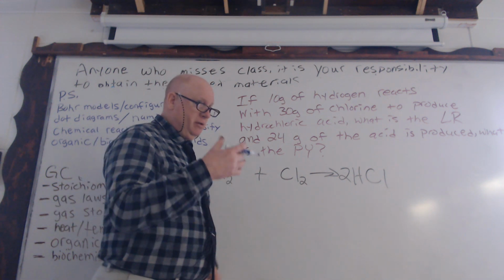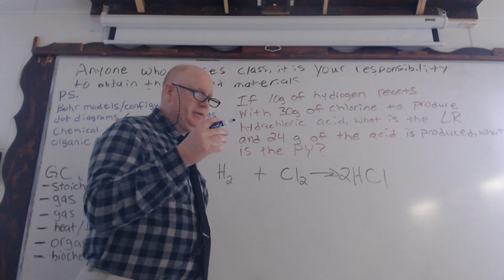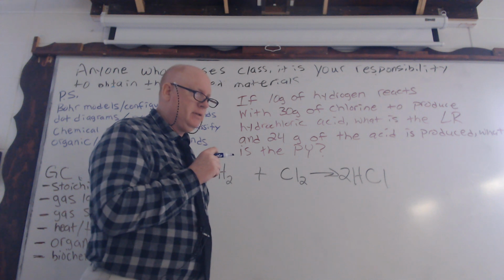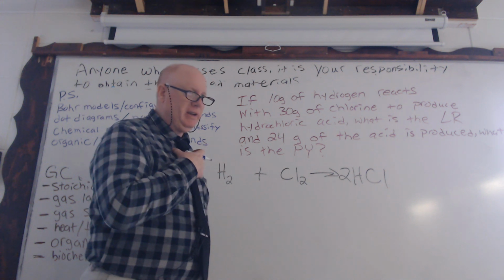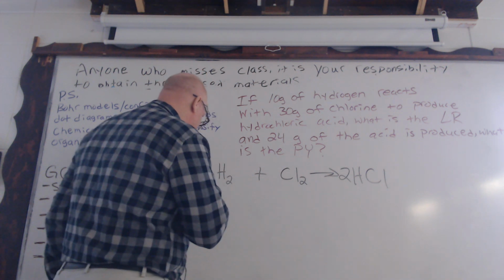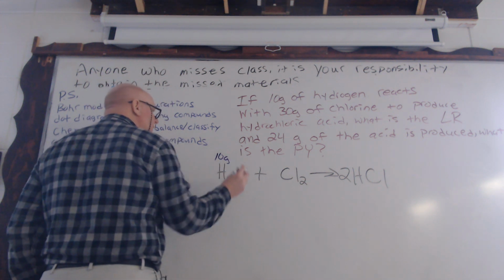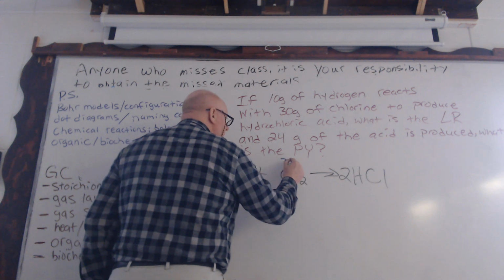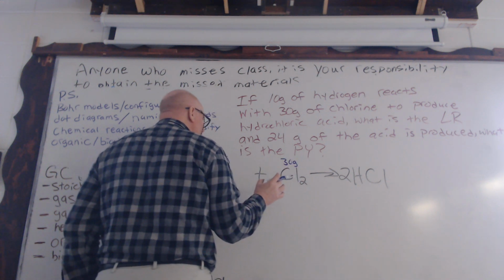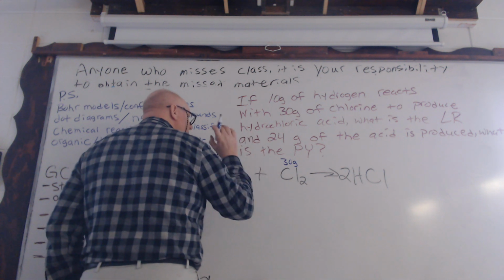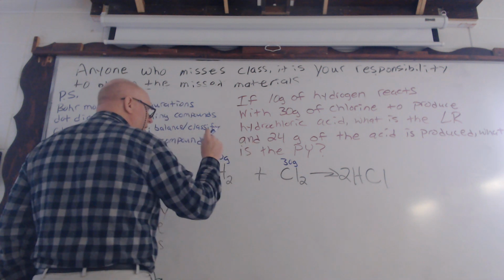They do both involve dimensional analysis. It's how it gets interpreted that's different. Okay, we'll do the battleship first, which means we've got 10 grams of this. We've got 30 grams of that. The reason is this is only how much we have as a mass. We need to convert these to moles first.